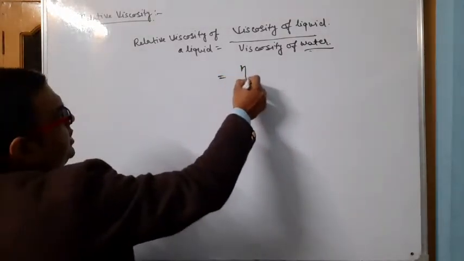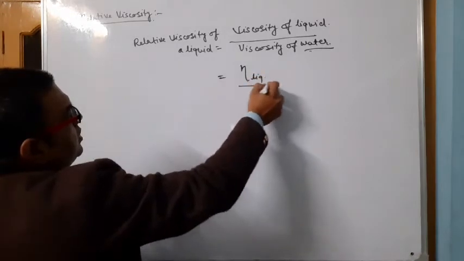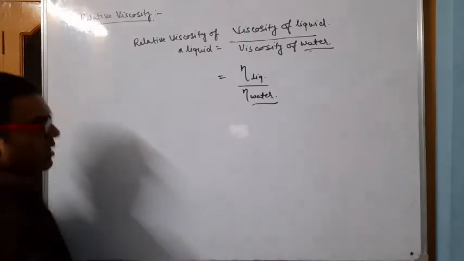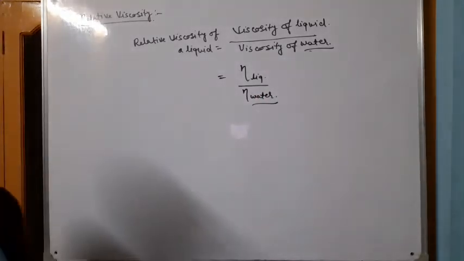So the relative viscosity of a liquid is equal to the viscosity of the liquid to the viscosity of water, that is eta liquid to eta water.